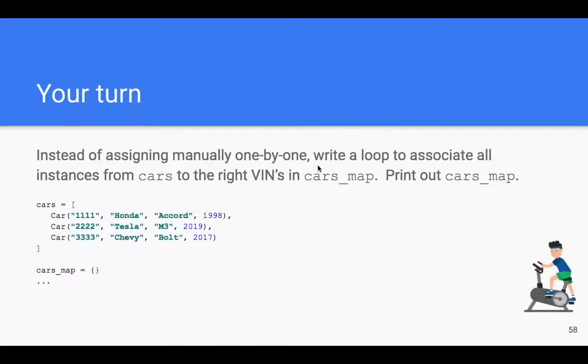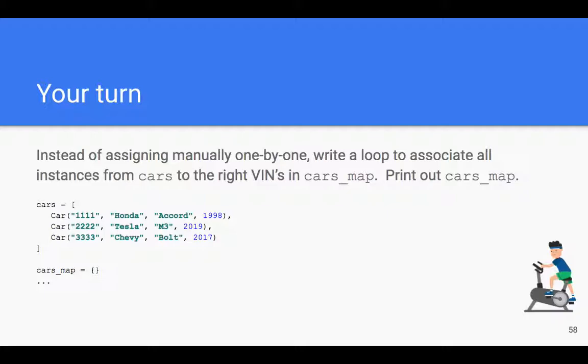So we should be able to write a loop so that we can go through all the instances of cars in the cars list and assign them to the right VIN in the cars map, and then we should print out cars map. All right, so pause the video, give that a try.